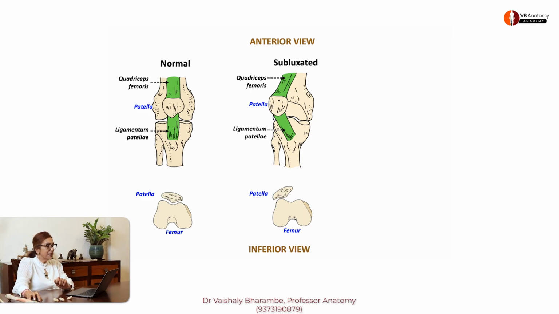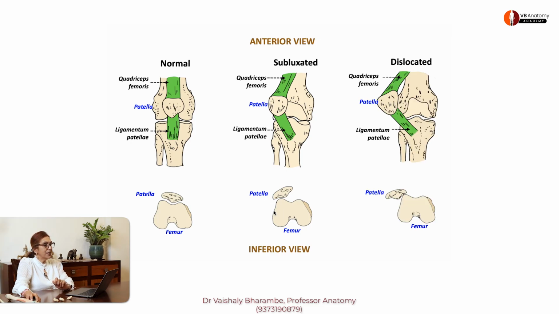You can see how it has left the surface provided by the femur for articulation. In the third case, you can see that it's just jumped the area provided by the femur. It is dislocated. This inferior view gives you how it is completely overriding the surface provided by femur, coming to lie lateral to it. This is a dislocated patella.